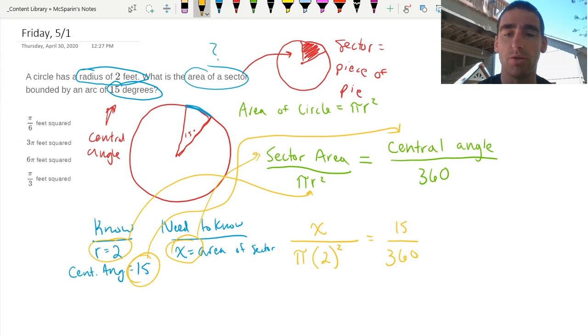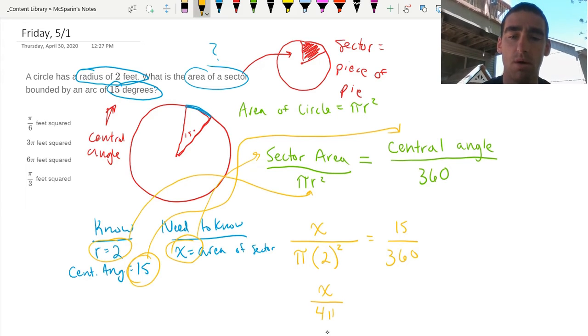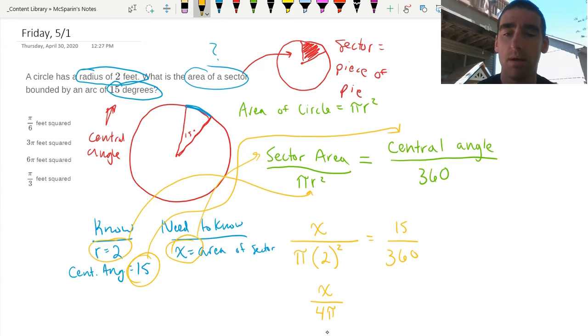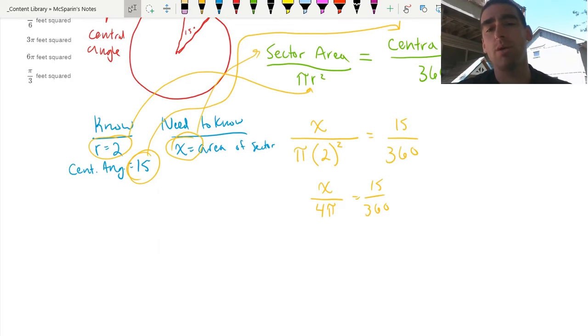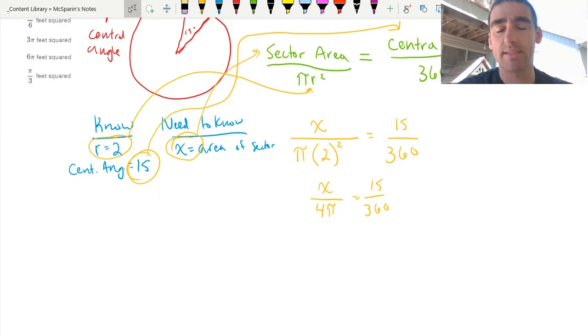Now we're going to do a little bit of simplifying. Okay, so I know that 2 squared is just 4. So I'm going to rewrite this. I'm going to say 4 pi equals 15 over 360. I'm going to cross multiply. Again, I know you can do this without cross multiplying. I like to show the cross multiplying process because I think it makes a lot of sense for any type of problem that you have with two fractions like this.